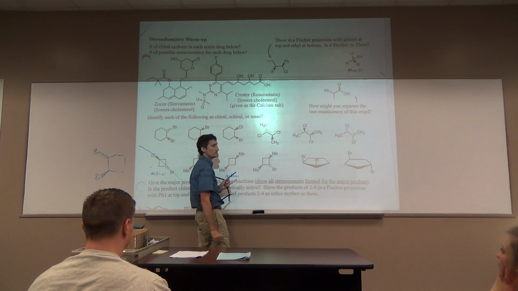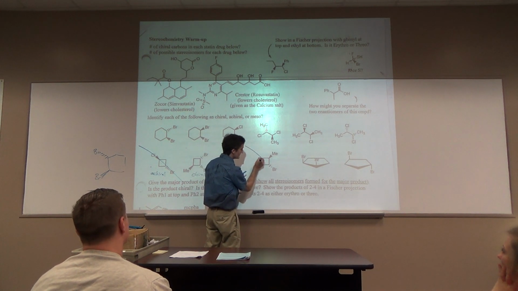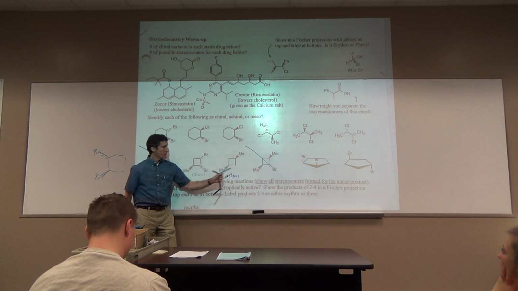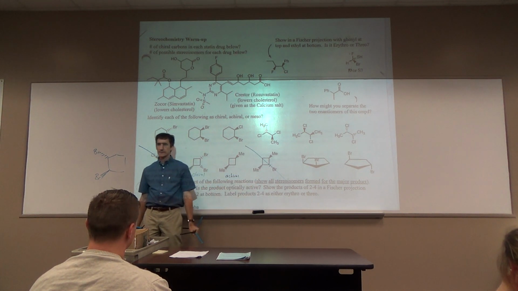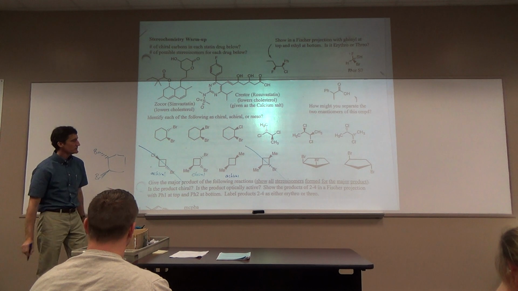It's got a plane of symmetry. Is it meso? Meso. Methyl coming forward, mirroring the methyl coming forward. Half a bromine back, mirroring half a bromine back. So meso. Plane of symmetry.